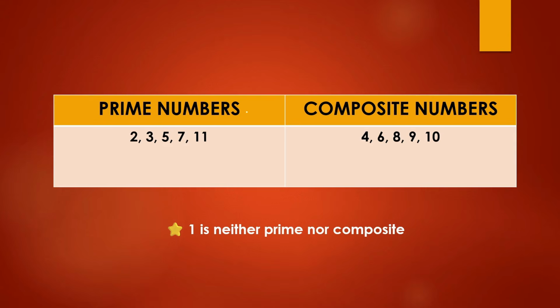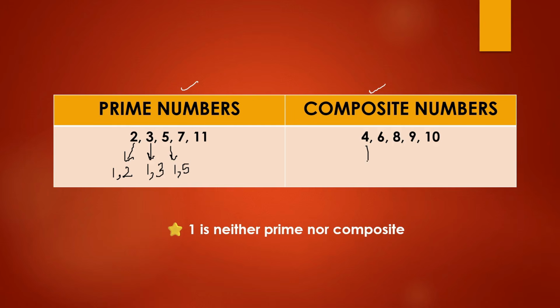Now let's understand what is the difference between the prime numbers and the composite numbers. Prime numbers are those numbers which have only 2 factors, that is 1 and the number itself. For example, the factors of 2 are 1 and 2. Similarly, the factors of 3 are again 1 and 3, 5 again 1 and 5, and so on. Whereas the composite numbers are the numbers which have factors other than 1 and the number itself.